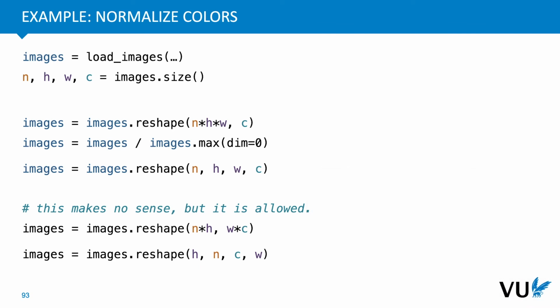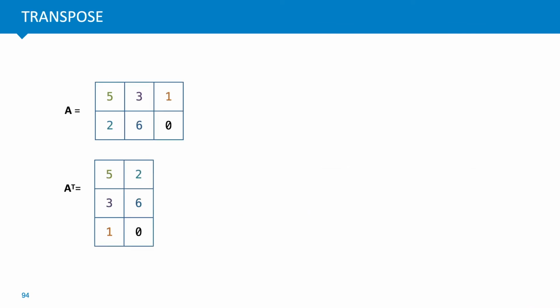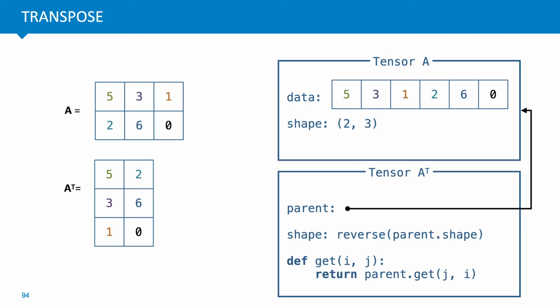them correctly. Another operation that we can easily apply without any cost is a transpose. So again, we turn a 2x3 matrix into a 3x2 matrix, but in a different way. Note that the result here is a different matrix than we saw before. And the way we can implement this is again by referring to the original tensor, but whenever we get an element ij of the new matrix, we simply refer to element ji of the previous matrix.